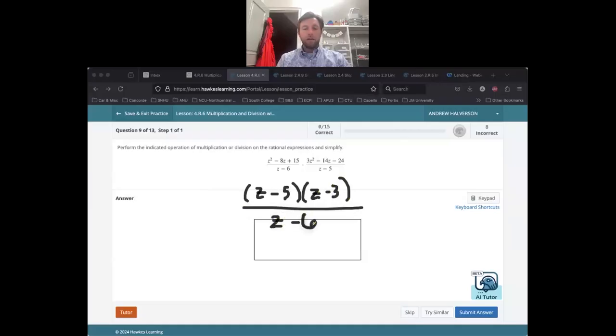z minus 6 times. Now we got to factor the numerator of this one, 3z squared minus 14z minus 24. Well, I got to use my AC method.